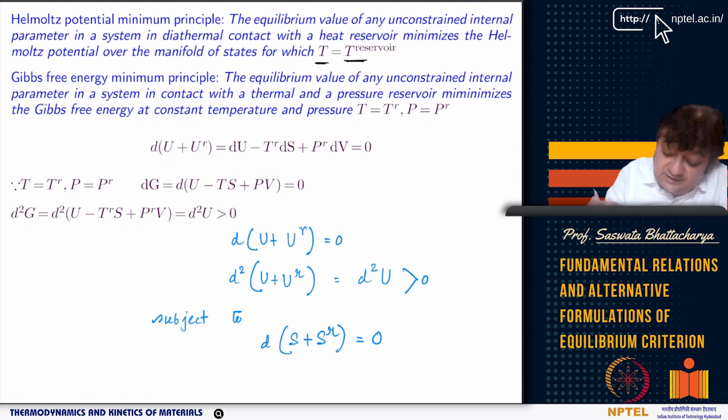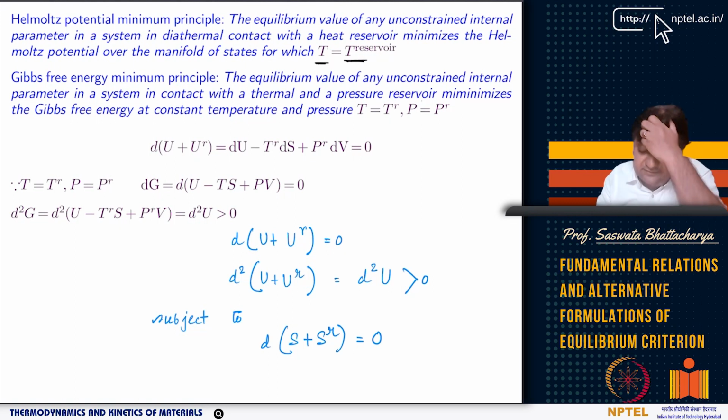In the case of Gibbs free energy minimum, we are saying that the equilibrium value of any unconstrained internal parameter in a system, it can be like different mu's, in contact with a thermal and pressure reservoir minimizes the Gibbs free energy at constant temperature and pressure. Basically, T assumes the temperature of the reservoir, T equals TR and P equals PR.